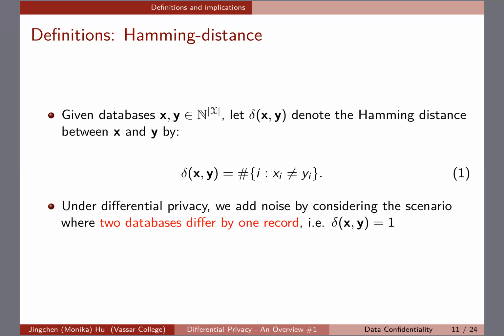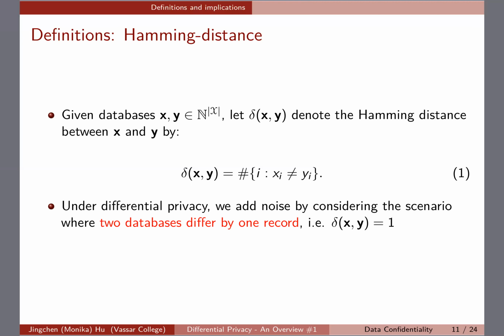And then the strong assumption that I was talking about earlier is that under differential privacy, we add noise by considering the scenario that two databases differ by only one record. Okay, so delta xy equals 1. For example, we have the CE data, with about 1,000 observations in total.